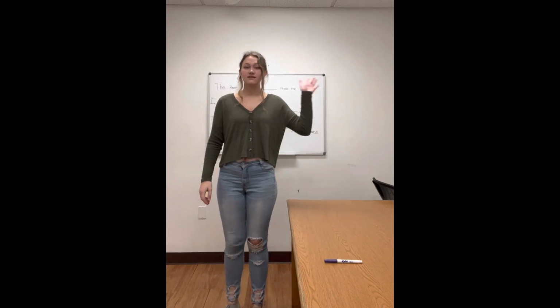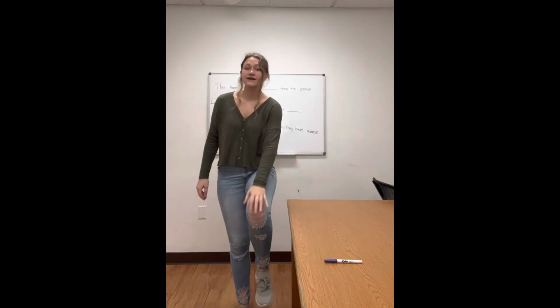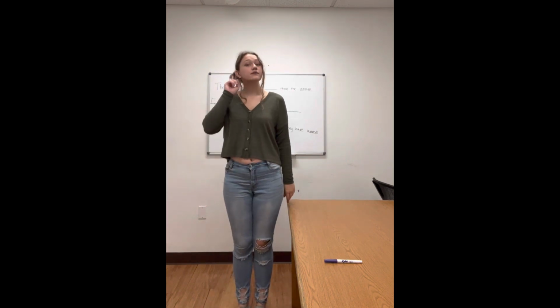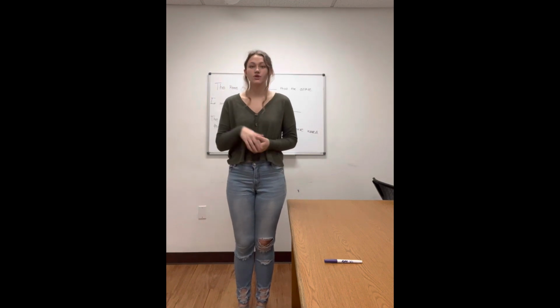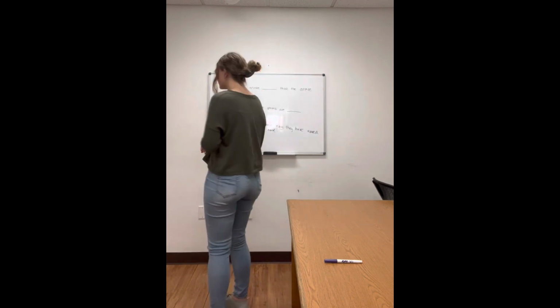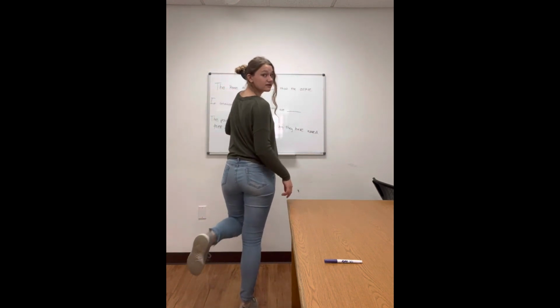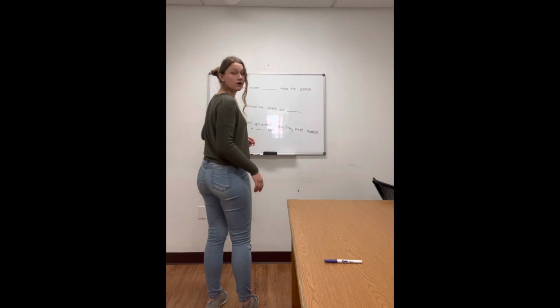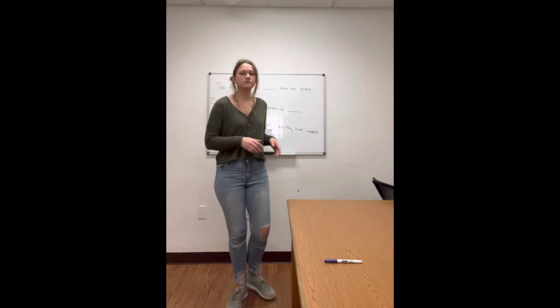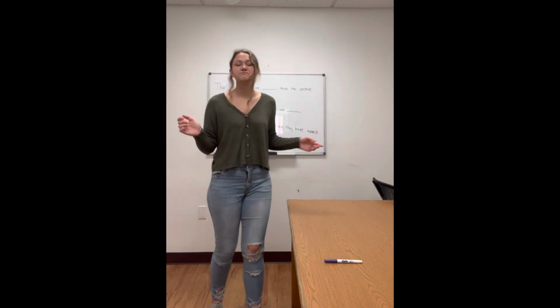So left hand, right knee, right ear, right eye, left eye, right nostril, left nostril. But right leg, left leg, right? Okay? Right hand, left hand. Just to give you guys an example.